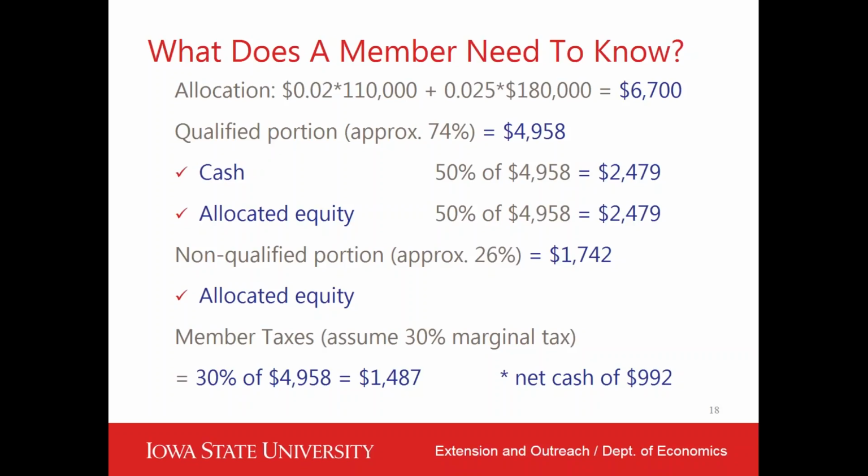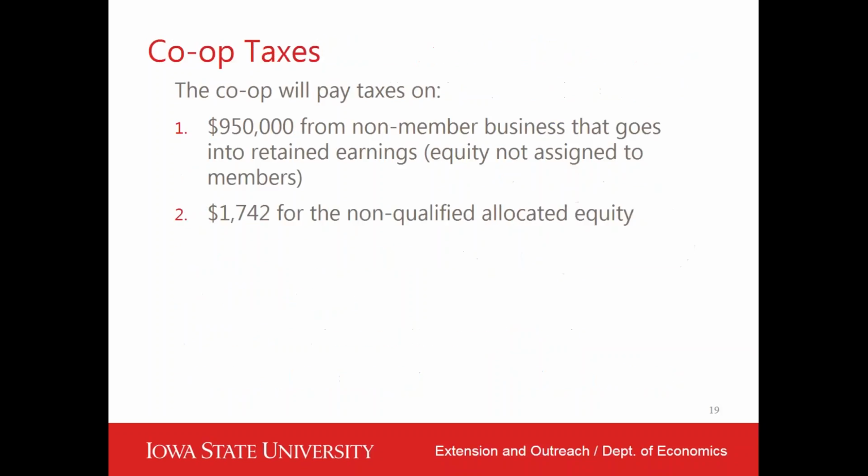Now, I'm not a tax professional, so to the extent that their marginal tax rate is lower than that, or things that are done with taxes, obviously their net cash would be different than that. This is just as an example. Their allocated equity in the cooperative increases by the sum of these two, $2,479 and $1,742. So Sarah and Steve, these members, now have additional equity in the cooperative in that amount.